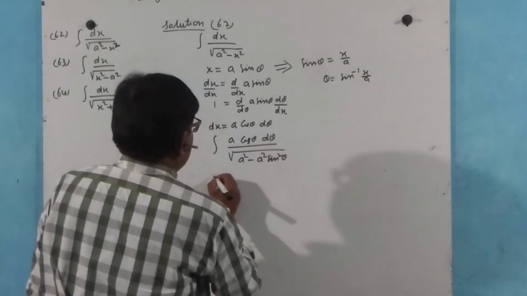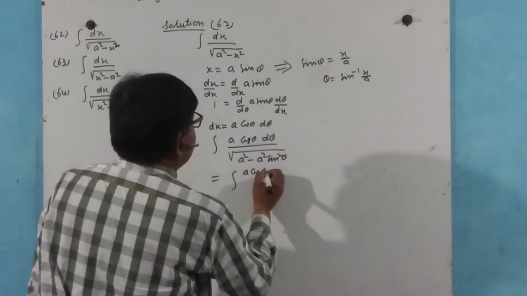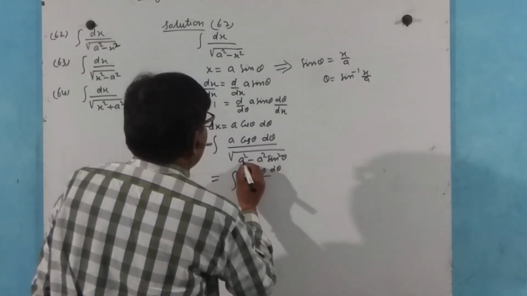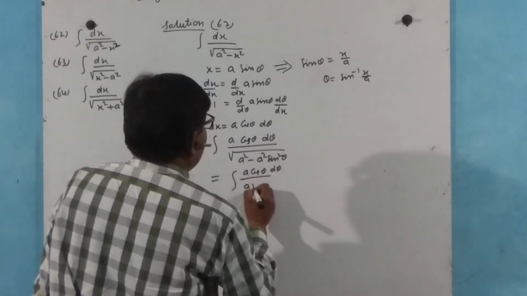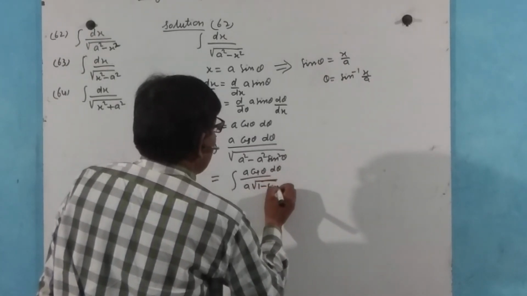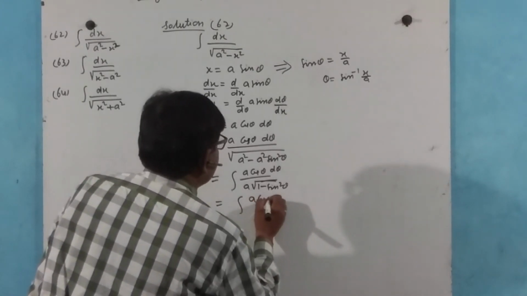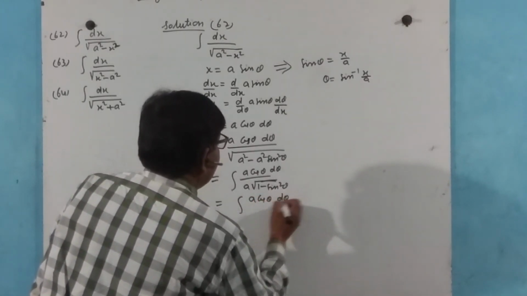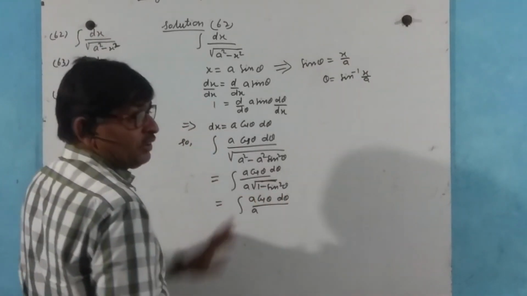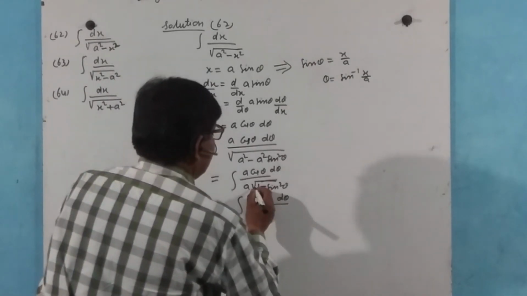So this is equal to integration of a cos theta d theta divided by a, and 1 minus sin square theta, which equals cos square theta, so the under root is removed.